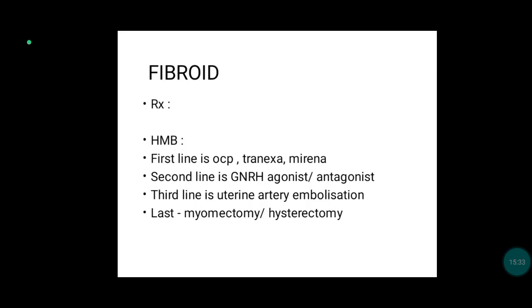Even after this, if there is no response, the last resort will be myomectomy or hysterectomy. If the patient desires a baby, we go to myomectomy, and if family is complete, we do hysterectomy.